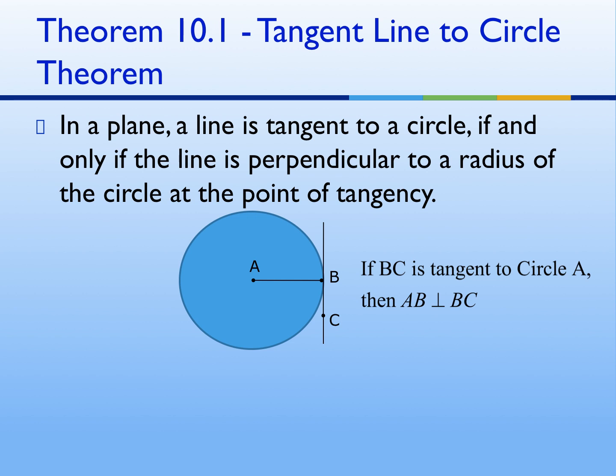We already touched on this, but we're just putting it into a theorem. It's the tangent line to circle theorem. It says in a plane, a line is tangent to a circle if and only if it is perpendicular to a radius of the circle at the point of tangency. Okay? So basically, any tangent line is going to be perpendicular to the radius, and that is the tangent line to circle theorem.